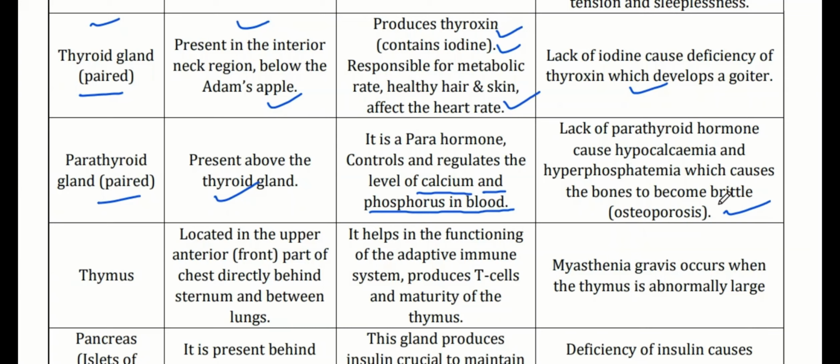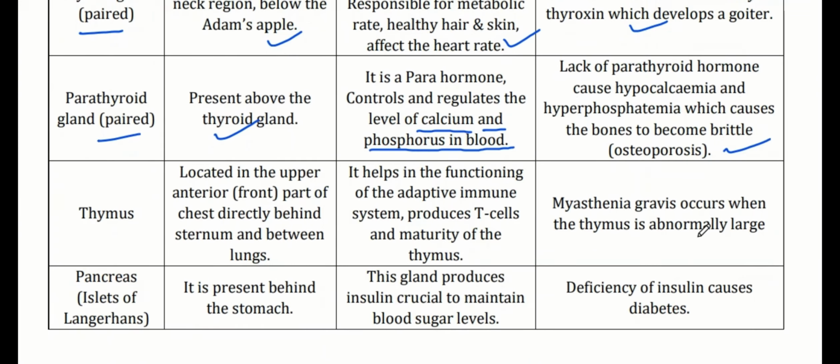Now the next gland which we will know is the thymus. The thymus gland is located in the upper anterior, that means the front part of the chest, directly behind the sternum and between the lungs.